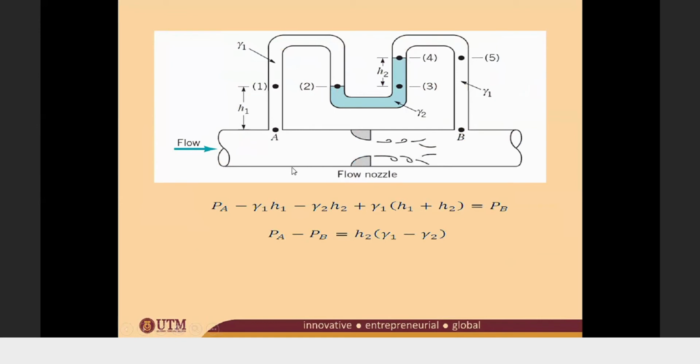The same concept. You start with A. When you go up, it's minus gamma 1 H1. Minus, plus, so they cancel. This also cancels, plus, minus. Then you go up, minus rho 2 H2, cancel out, and then you go down, it's plus.